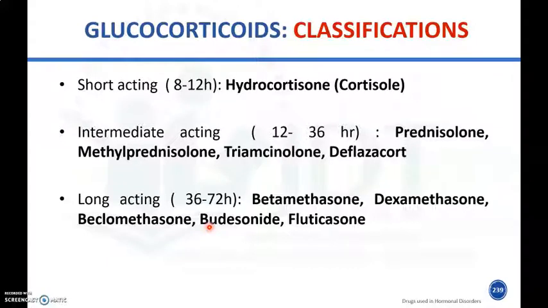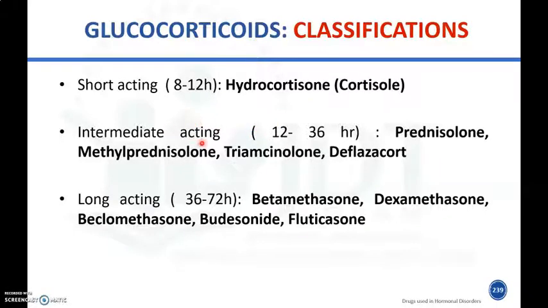Now coming to the classification, so we had mentioned there are two chances for the hormonal deficiency, either hypersecretion of glucocorticosteroid or hyposecretion of glucocorticosteroids. In case of hyposecretion of glucocorticoids, we can use the glucocorticoids and its analogs for this deficiency condition. So these are some examples of their analogs. There are some short-acting glucocorticoids, which have an action of 8 to 12 hours, like hydrocortisone or cortisone.